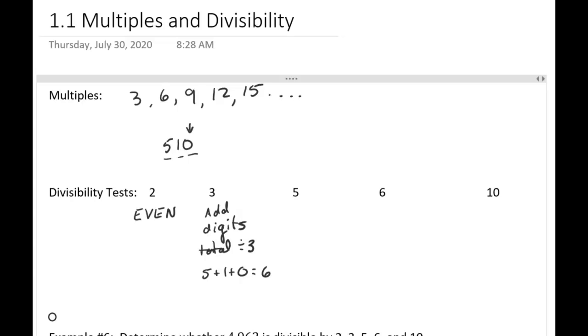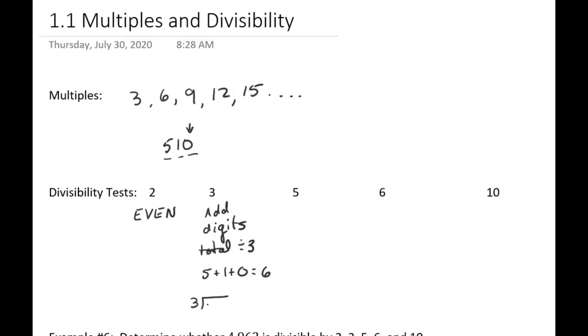All right, maybe you want to see that. 3 goes into 510. Here's our old-fashioned division. 1, 3, 21, 170 times. Okay. So that was just a little division there to prove that 3 does go into 510. All right, now the rule for 5: the number has to end in 5 or 0.